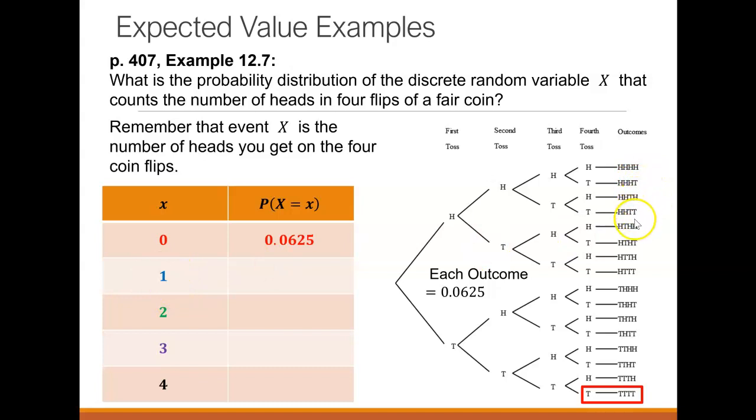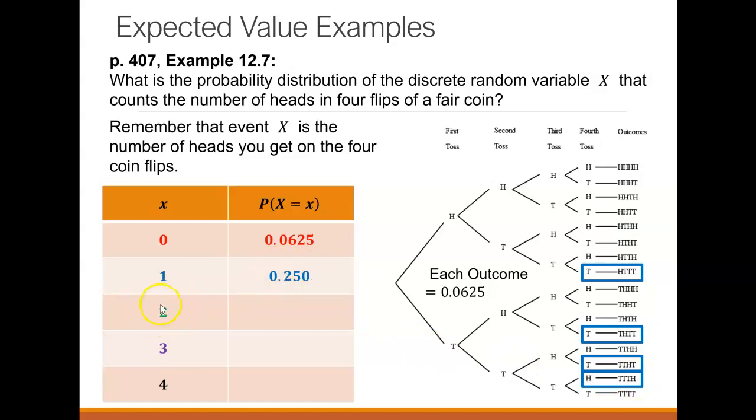So there is 1 head, 1 head, 1 head. I think I missed one in there. Yeah, there we go. There's 4 of them. So I'm going to have 0.0625 plus 0.0625 plus 0.0625 plus 0.0625, or that turns out to be 0.25.